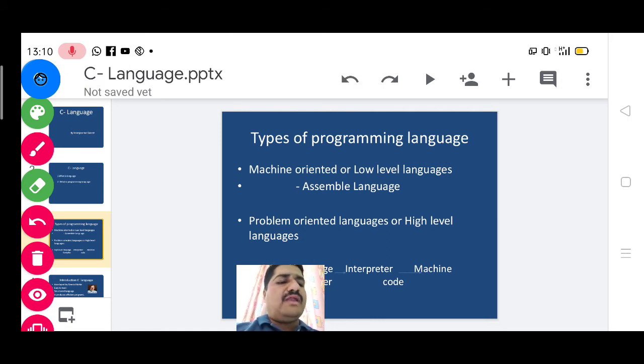They are converted into the machine code to make program writing easier. Languages performed by using more English words are called high level languages. For example, we use words like print, read, input, etc. in high level language.